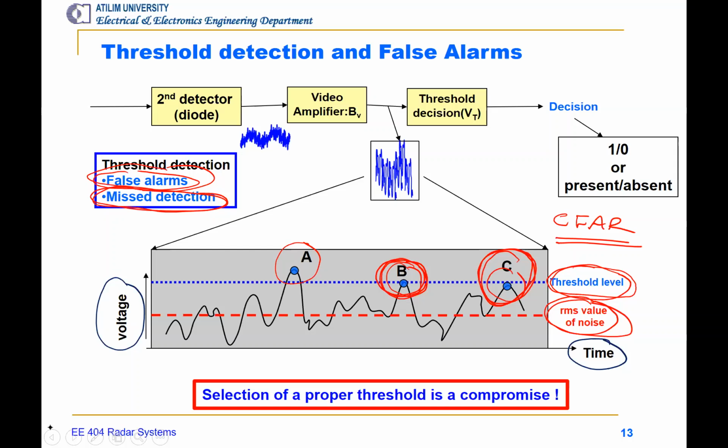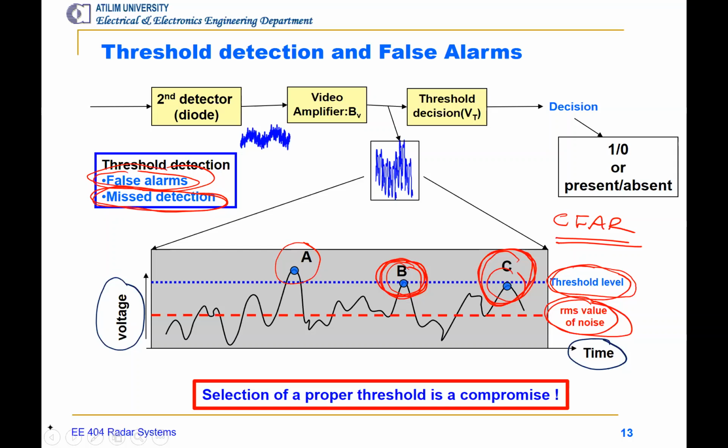It's related to the false alarm time along with the bandwidth. Why? Because the bandwidth, as you might remember, was related to the pulse width, the pulse duration, and we expect that the average of Tk will be the pulse width. That's the minimum duration that we consider in the radar system.